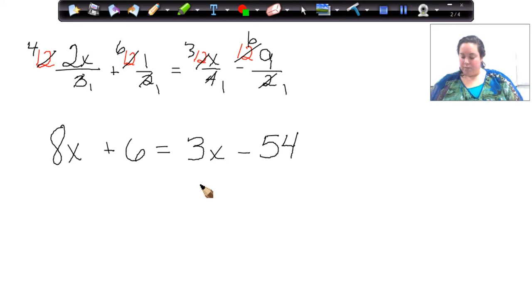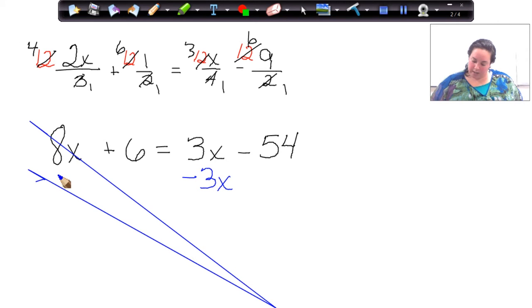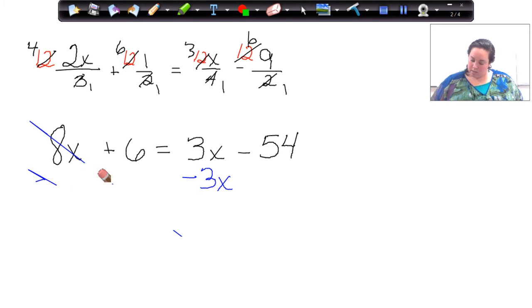And we can solve for x, maybe a little bit easier. Let's subtract 3x from both sides. Minus 3x. And we will subtract 6 from both sides.